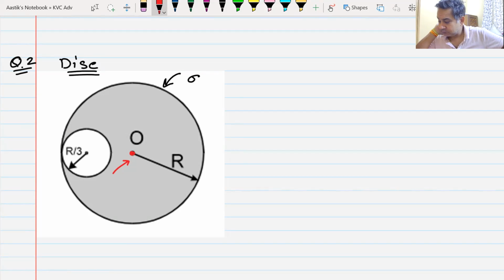Sir, I have taken mass as pi r square into sigma for the larger disk with radius r, and I have calculated the moment of inertia of the larger disk with whole mass and subtracted it with that of the smaller disk with the same mass density.